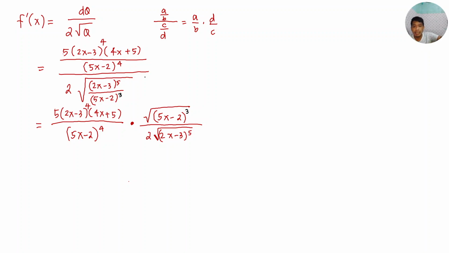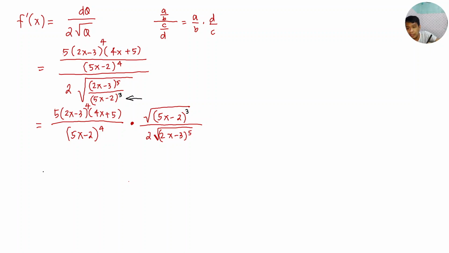Okay. So, ginamitan lang natin siya ng reciprocal. So, this is numerator, this is numerator, this is denominator. So, multiply this numerator, that's the one I wrote here, multiplied by the reciprocal of this denominator. That square root of 5x minus 2 raised to the third power becomes your numerator, all over 2 multiplied by the square root of 2x minus 3 raised to the fifth power.